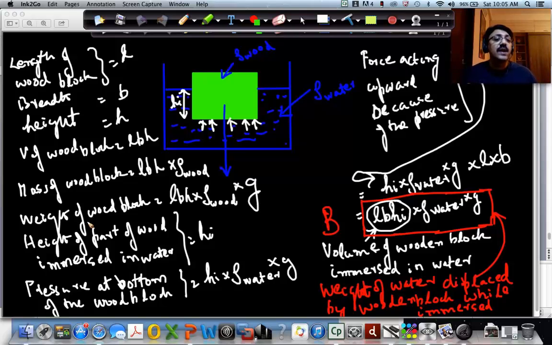Don't try to study by heart that volume into the density of liquid into g is buoyancy. No, that's not the right way to study physics, right? You have to know the derivation so that you really know the concept. Yes, the student is saying that the physicist has to know what he is learning. Absolutely, I agree. So please go through this derivation very well.